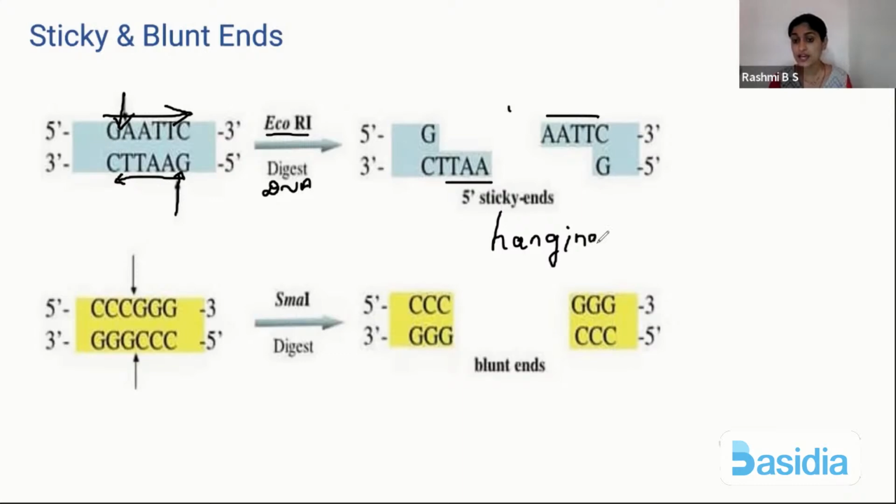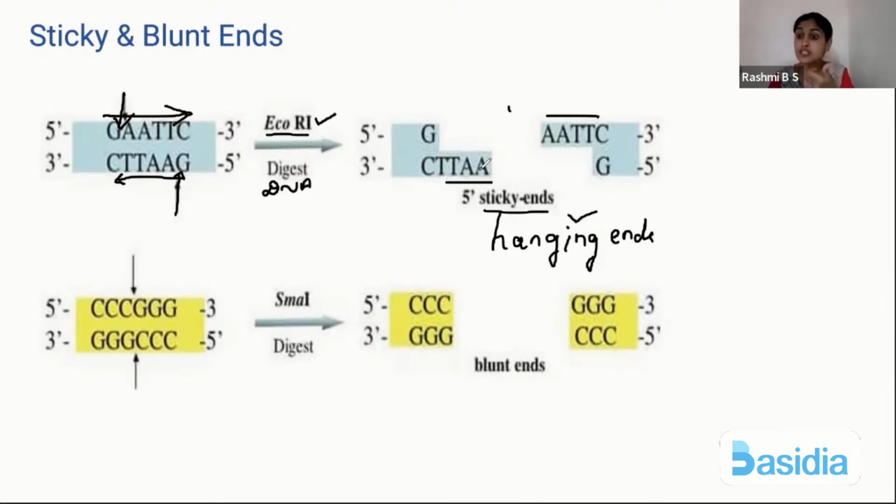After digestion with the restriction enzyme, if you get the DNA fragments with hanging ends, then this type of ends are called sticky ends. What are sticky ends, children? After cutting the piece of double-stranded DNA using any restriction enzyme, you will get two fragments of DNA pieces, right?